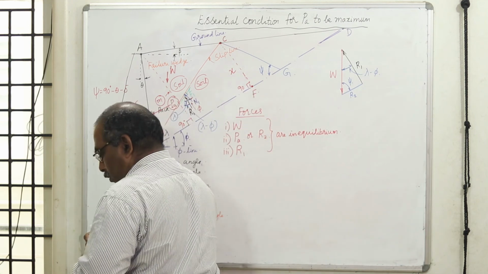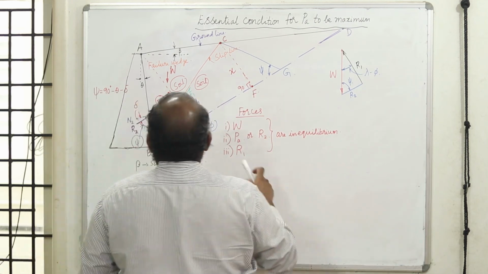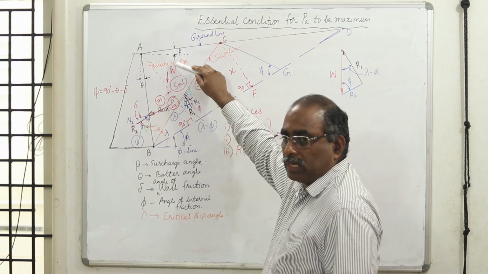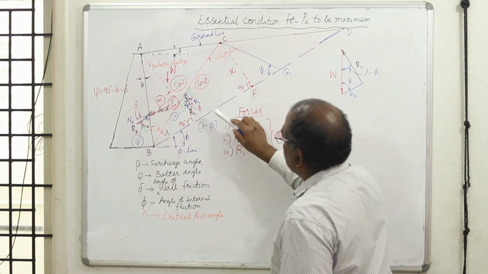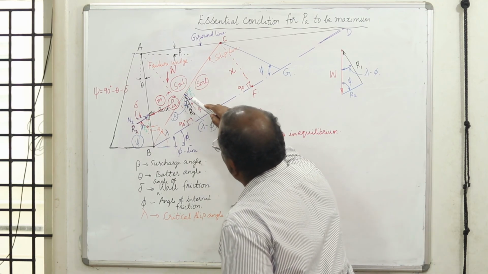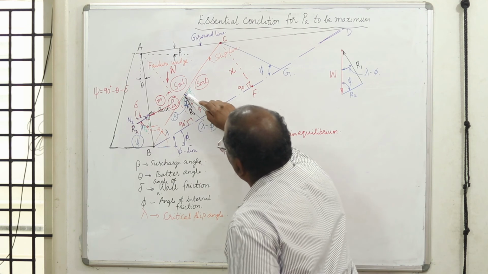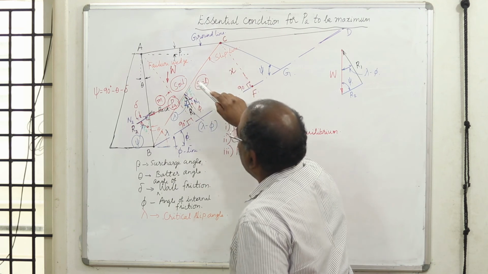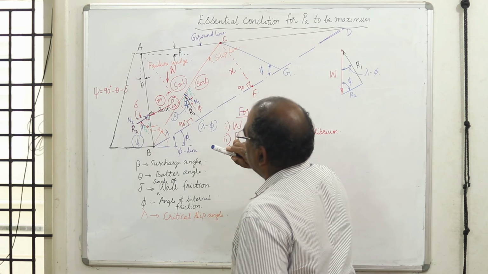Now, let us try to understand this. The weight, quite obviously, will act vertically downward. This is the resultant, which is inclined at an angle phi with respect to the normal between the slip plane and the backfill surface.